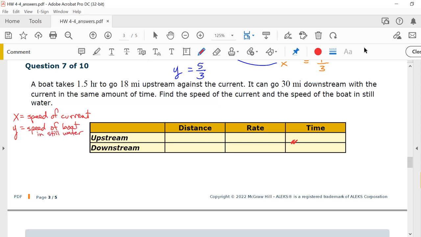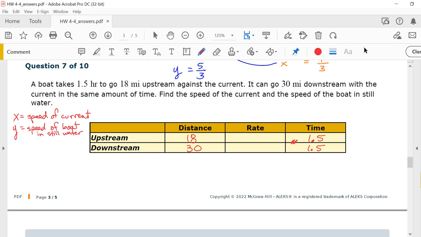Okay, so let's go about distances. It can go 18 miles upstream, and it takes 1.5 hours to do that. It can go 30 miles downstream in the same amount of time. Now the rates.